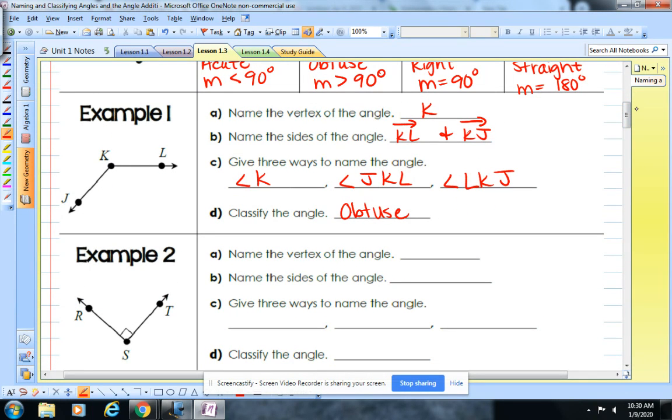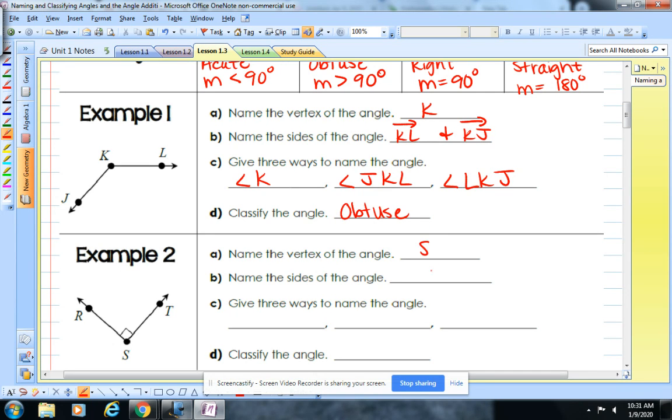All right, y'all try example 2. All right, so A, what's the vertex of this angle?